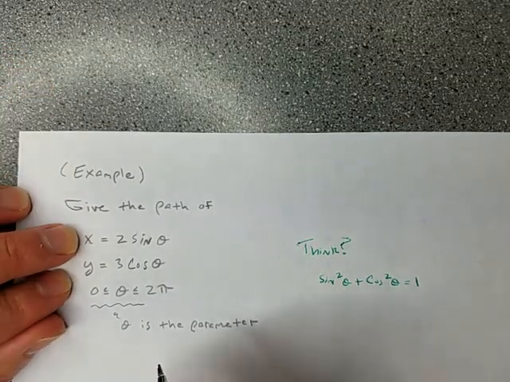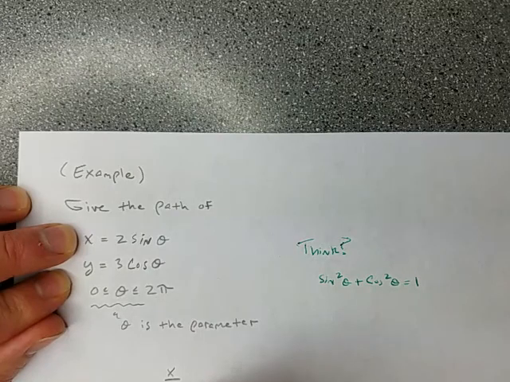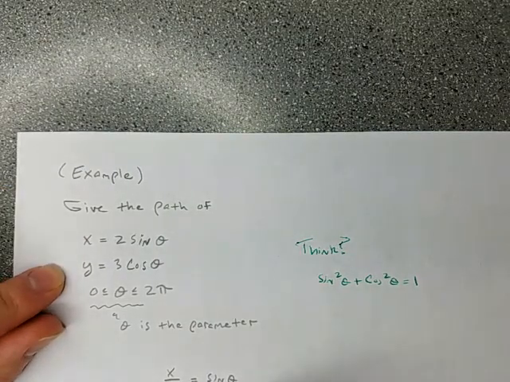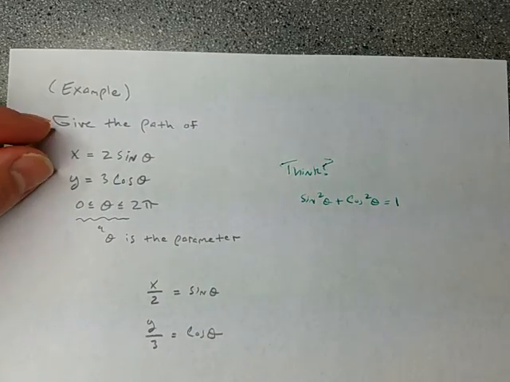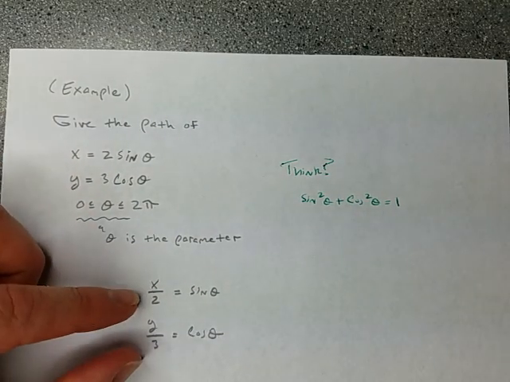With the first one, x over 2 is sine theta. And the second one says y over 3 is cosine theta. That takes me from here to here.